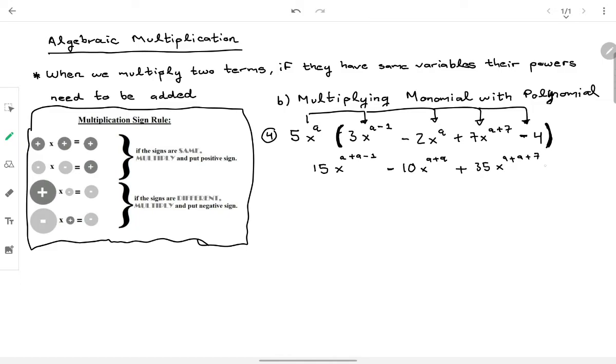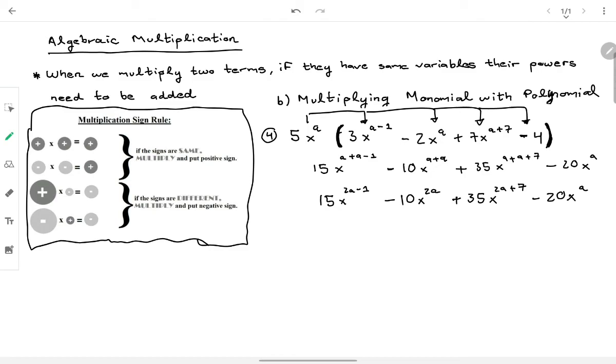And at the end we will get 5 times 4 will be minus 20, positive by negative 1, x to the a. So let's see, what we are going to get is 15x to the 2a minus 1 minus 10x to the 2a plus 35x to the 2a plus 7 minus 20x to the a.